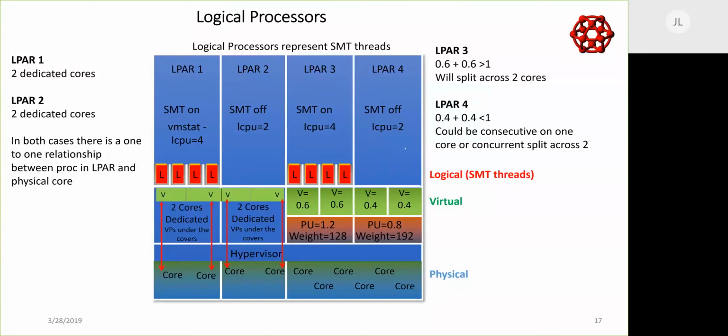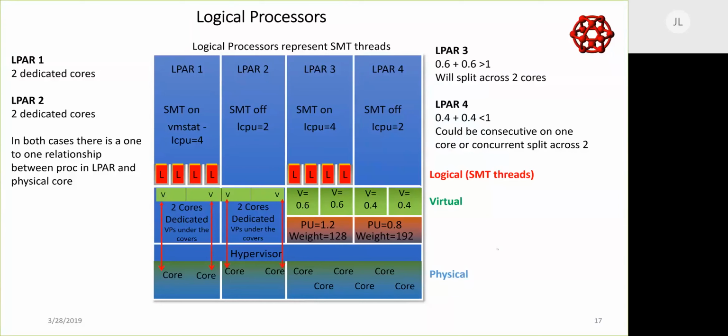Now if I look at LPAR 4, and don't worry about the fact that SMT is off, when I sum up the virtual processors, my entitlement is 0.8. 0.8 is less than 1. So they could get dispatched to 2 different cores, or each of these virtual processors could get dispatched to the same core, one after the other.